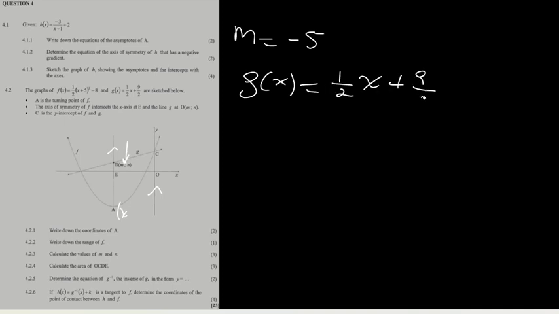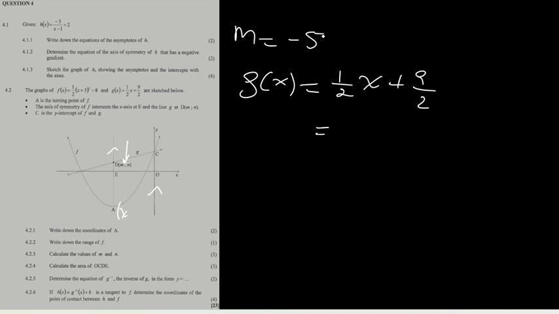So that means if the axis of symmetry intersects this, then the coordinate of M here is the same as this x coordinate here, of which we said here we have -5. So M is equal to -5. Then we need to find this value of N. But remember, g of x is equal to 1 over 2 x plus 9 over 2.